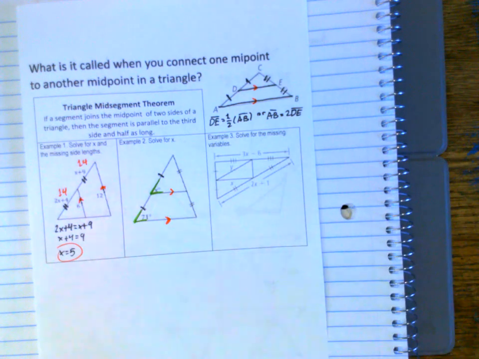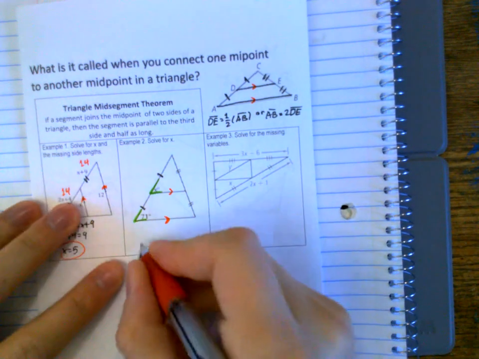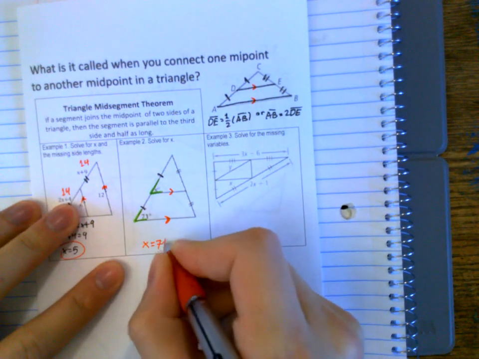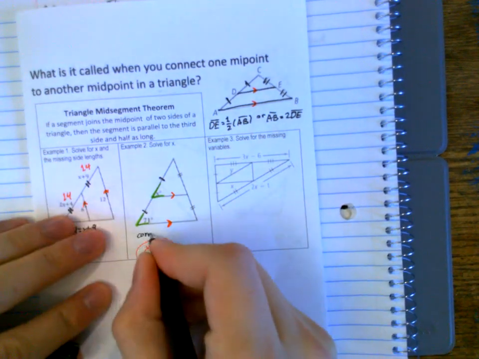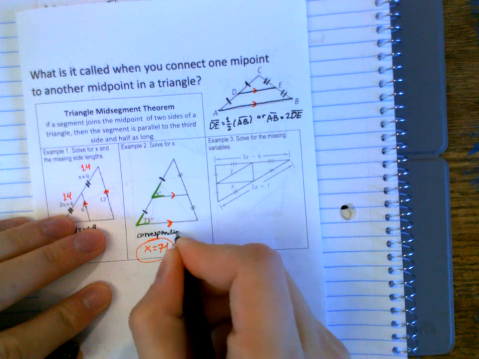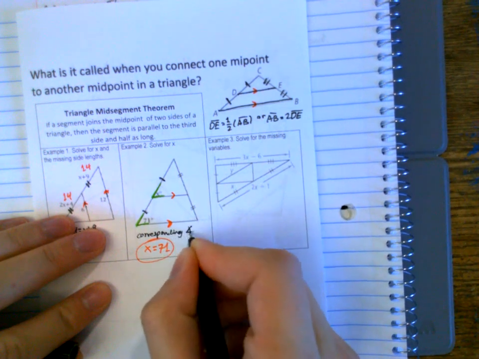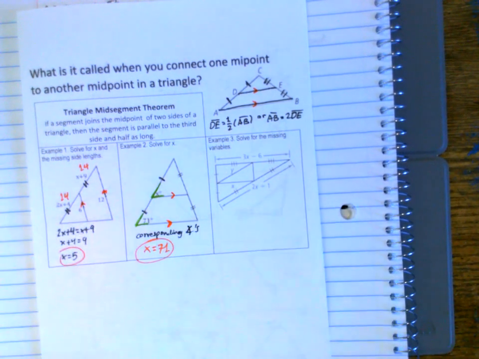That makes sense? From here on out, guys, this is going to build on itself very quickly. So that means that x equals 71 because of corresponding angles. Okay?